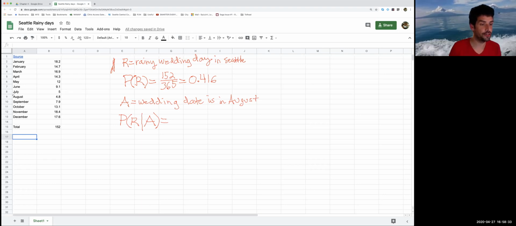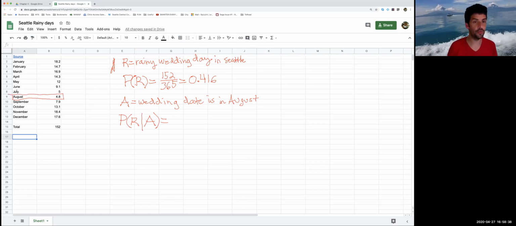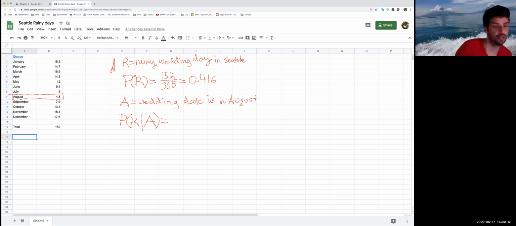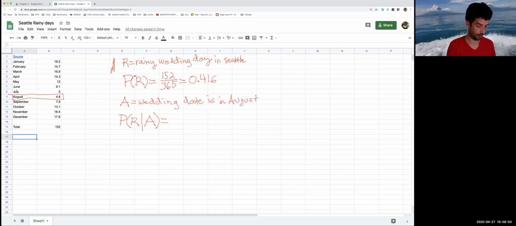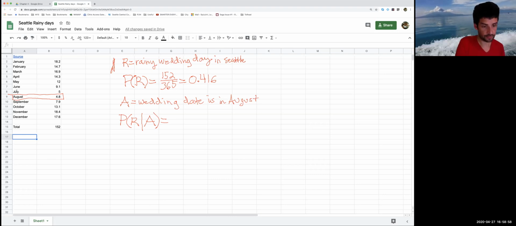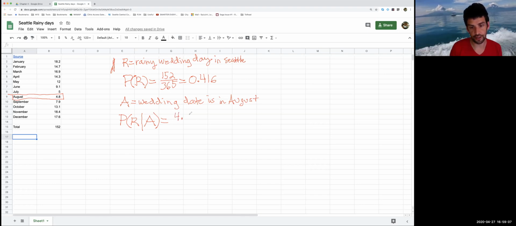So now we've reduced our sample space. We only care about the 4.8 days of rain out of the 31 days in August, right? So this is this idea that we have reduced the sample space. Right? So let's compute this. We would look over here and see there are 4.8 days of rain out of the 31 days in August, right?